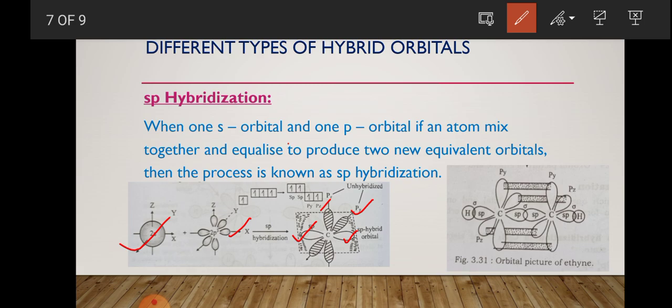In this figure, these two sp hybrid orbitals lie in a single straight line, and the angle between the two sp orbitals is thus 180 degrees.